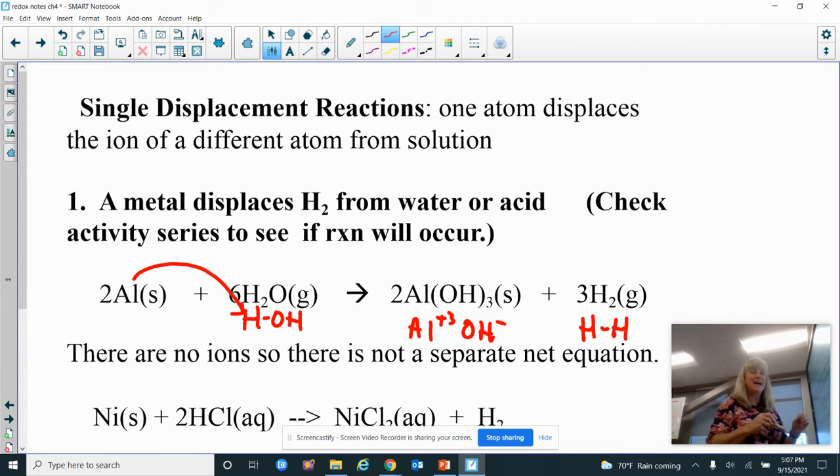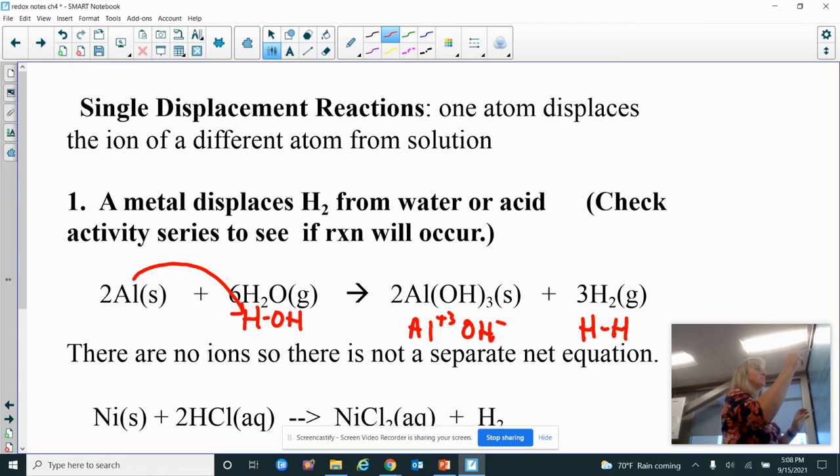So anytime a metal is replacing hydrogen from water or acid, it's kicking out one hydrogen, but you never just have one atom reacting with one molecule. So the hydrogens that get kicked out combine together and you get H2. Okay, and you have to balance charges and then balance your overall equation.